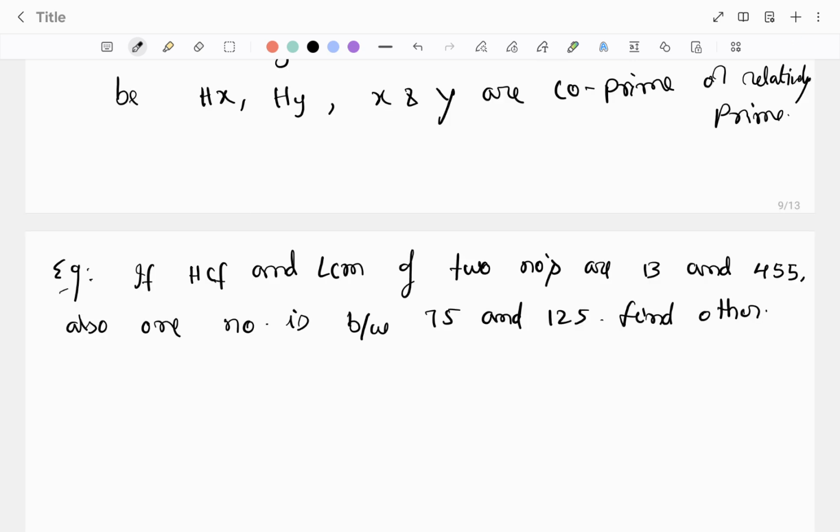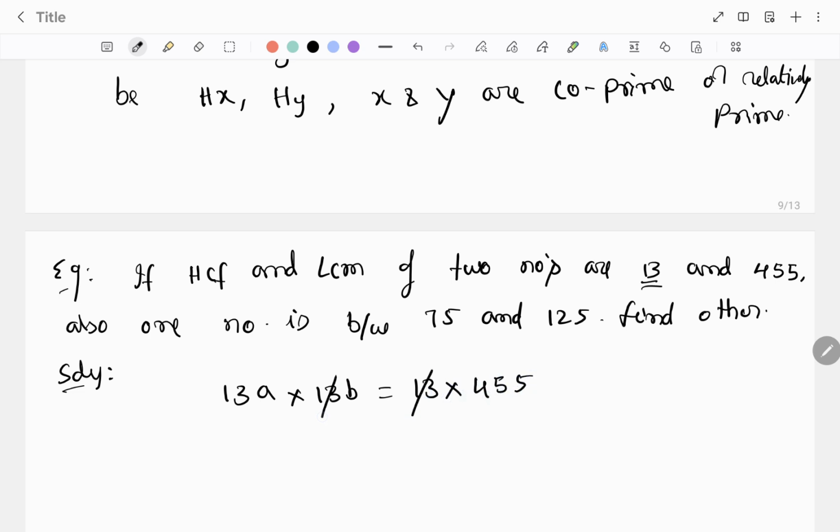Okay. The question is: if the HCF and LCM of two numbers are 13 and 455, and one number is between 75 and 125, find the other. Let the two numbers be 13a and 13b, whose product will be equal to the product of their HCF and LCM.